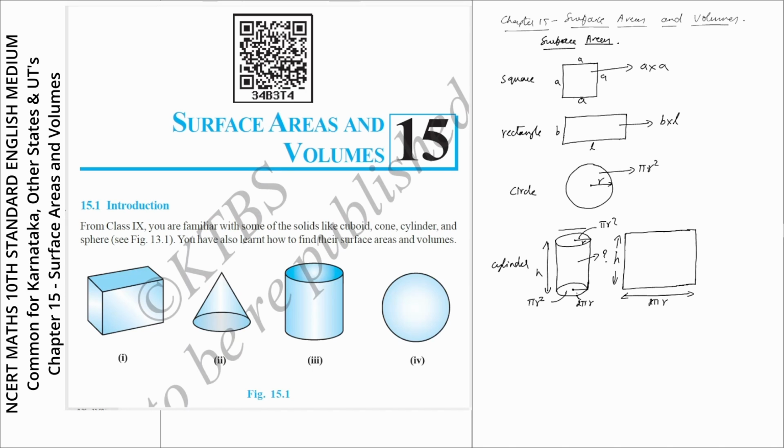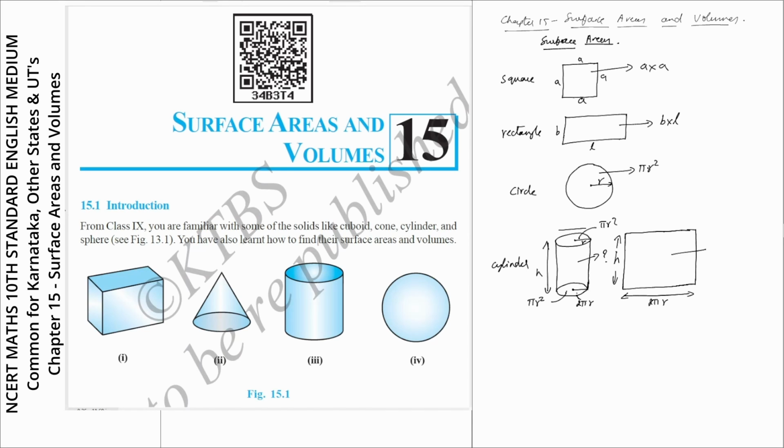For the top and the bottom circle, 2 pi r is the circumference. So when I remove the top and bottom portion, cut the cylinder and spread it, I get a rectangle whose height is h and another side is 2 pi r. Now this is purely a rectangle.